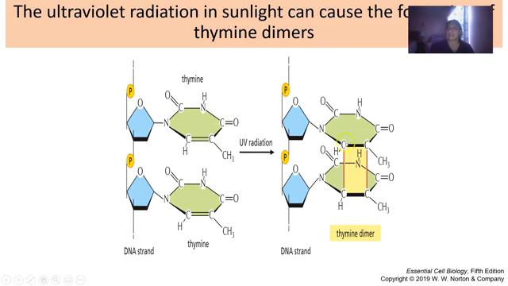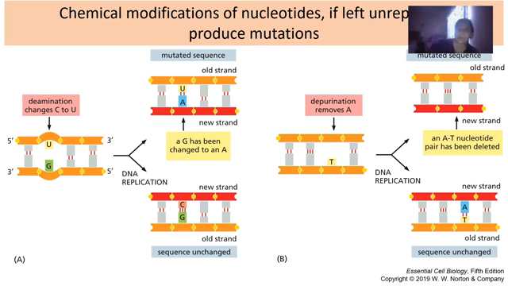This cross-linking happens due to UV radiation, and it changes that DNA structure in a way that it can no longer be replicated properly.